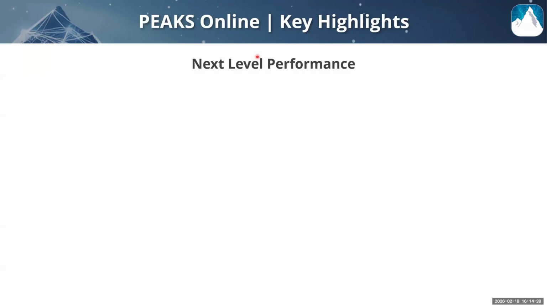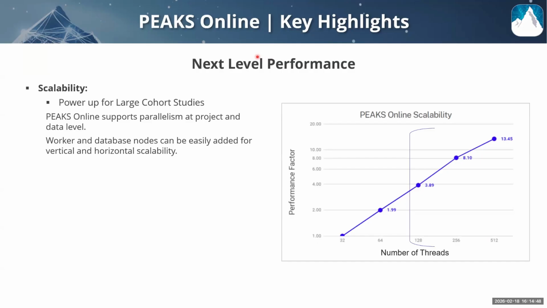So as I mentioned, Peaks Online is really designed for large-scale projects, and I did mention that worker and database nodes can be easily added for both vertical and horizontal scalability. So I have a figure here, and this is a little bit outdated as more resources are becoming required on the software side, and the size of the data is increasing, as well as the number of data files users are looking to analyze.